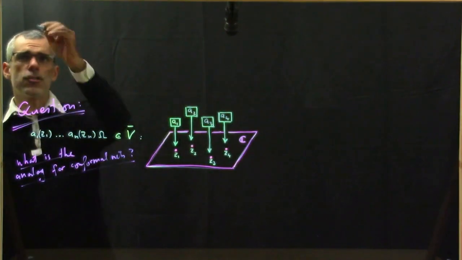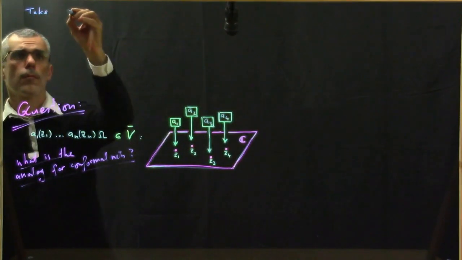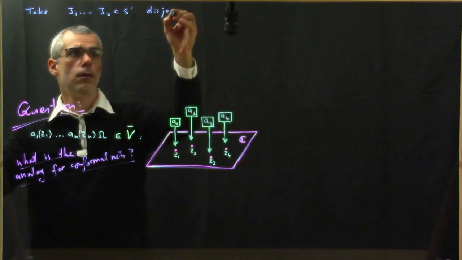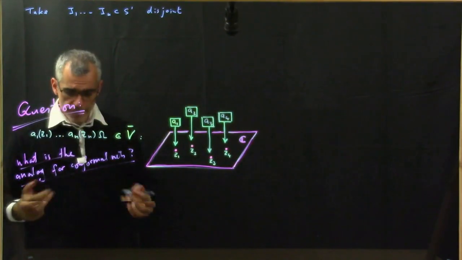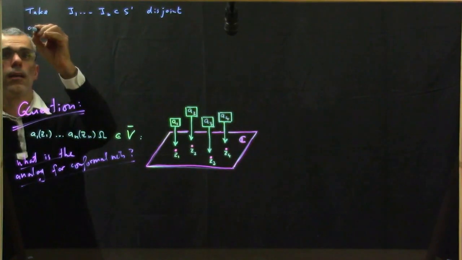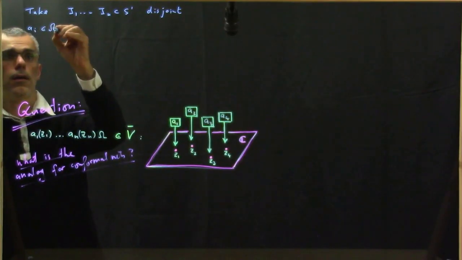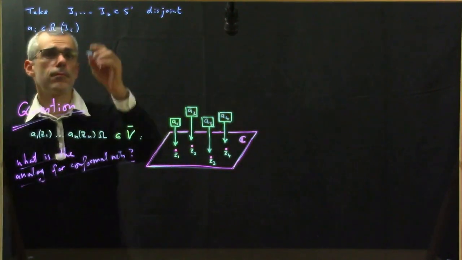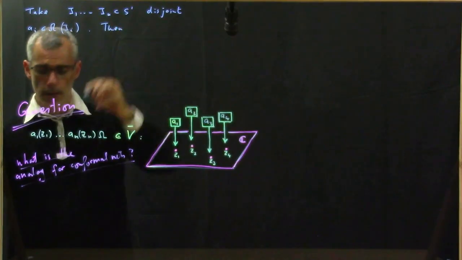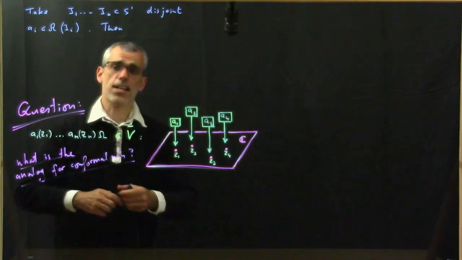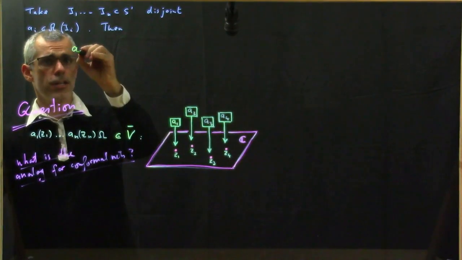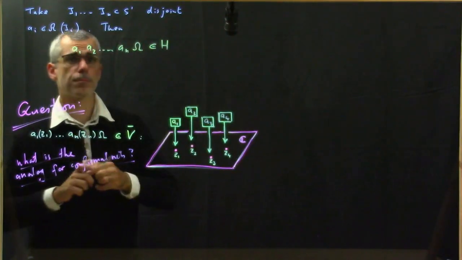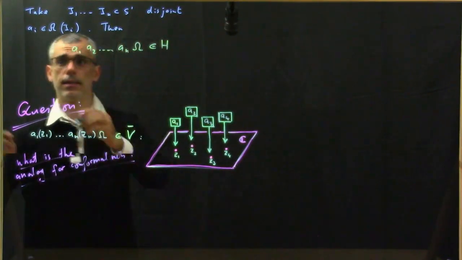So if I take disjoint intervals, if I take elements in the corresponding von Neumann algebras, then by the locality axiom for conformal nets, the following expression, which is an element of the Hilbert space, is independent of the order.